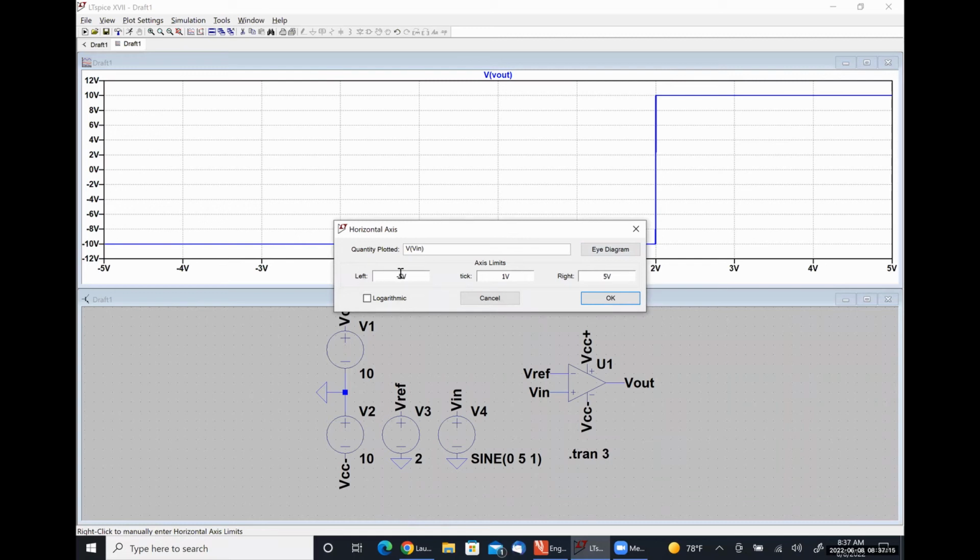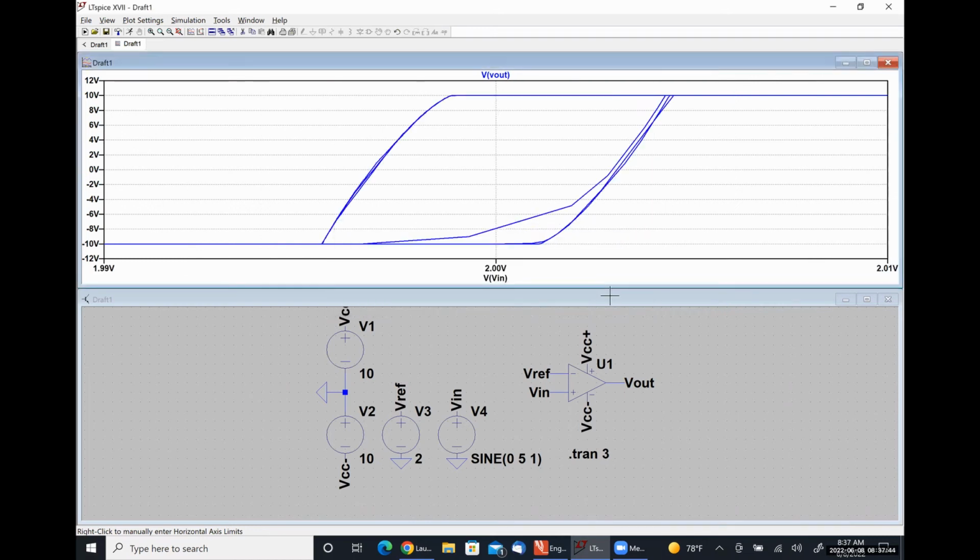So let's make the leftmost point 2.01 volts. Let's make our plot, let's call it 10 millivolts. Actually, leftmost should be 1.99. Rightmost should be 2.01.